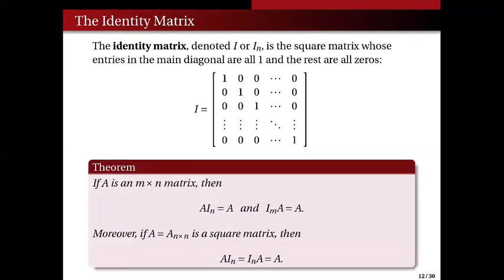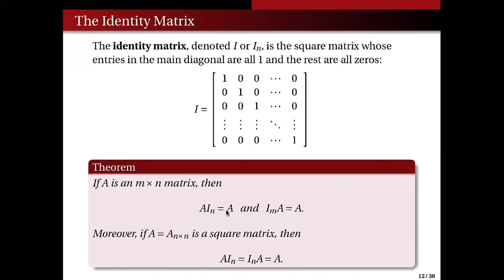Now, a beautiful theorem in relation to the identity matrix is the following. If A is an m by n matrix, then A times I_n will give me A back. Take note, my I_n here is on the right of A. On the other side, I_m times A will give me A back.